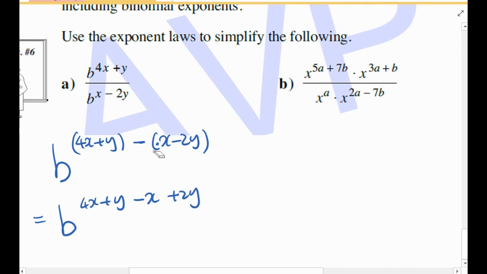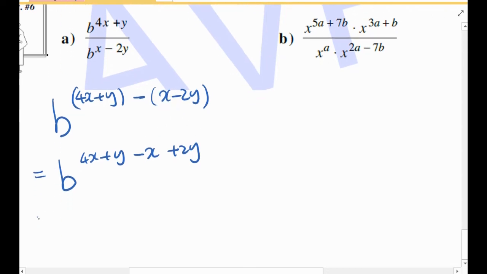So when you remove the bracket, you have to switch the sign of the next bracket, right? So positive x becomes negative, and negative 2y becomes positive 2y. b, 4x minus x is 3x plus y plus 2y, 3y. So this is the answer.